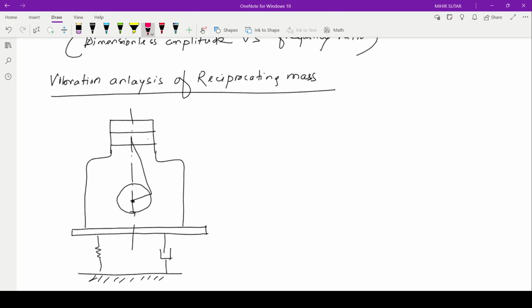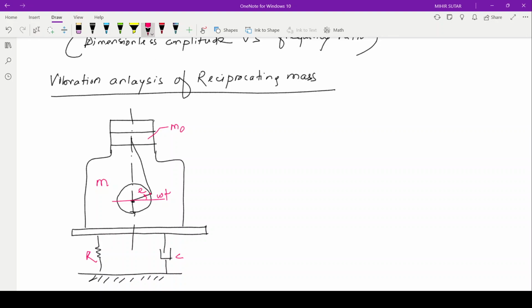This one is your reciprocating mass m0. Total mass of the system is m, and we have this angular displacement omega t, eccentricity is e, distance from the CG, and k is the spring stiffness, c is the damping coefficient.